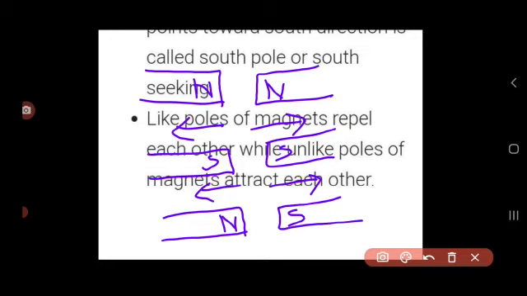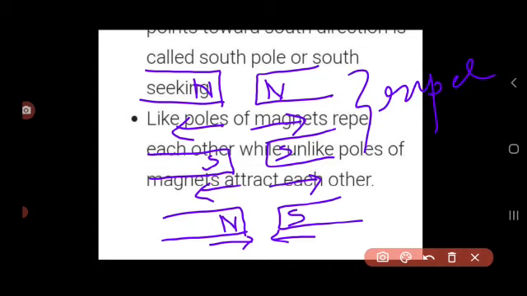Now, magnetic strength is maximum at poles and minimum at middle. Suppose you take a bar magnet and place it near some pins.